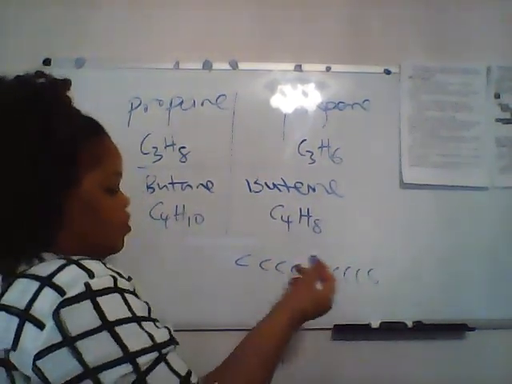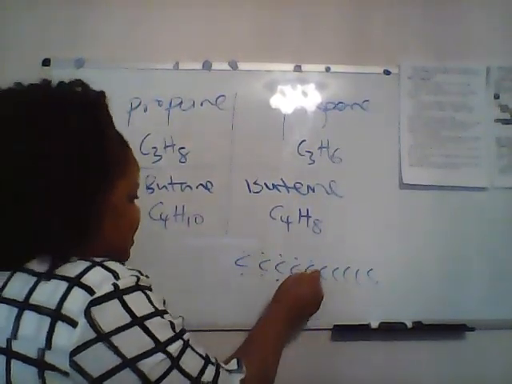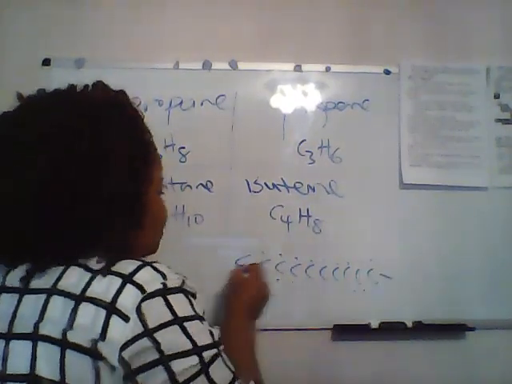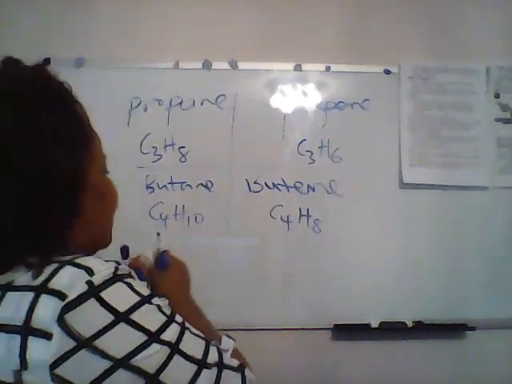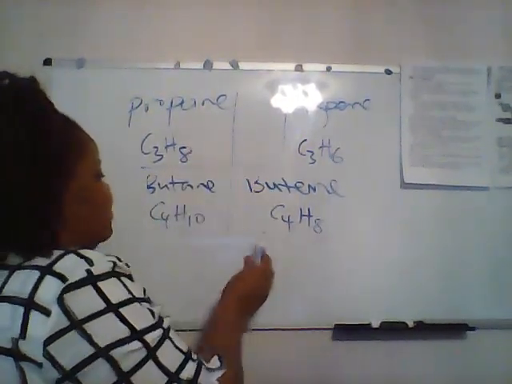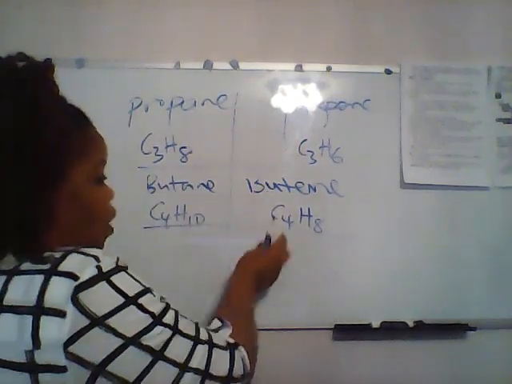There's a formula, but in exam condition, just do that quickly. The hydrogens: 1, 2, 3, up to 22. See? So it will be C10H22 for an alkane. And remember, for an alkene, there must be one double bond between two carbon atoms.